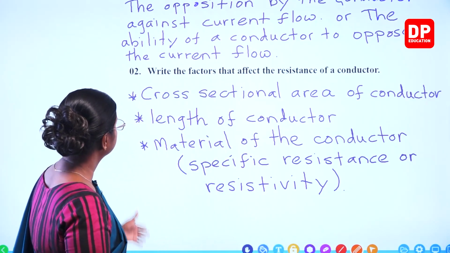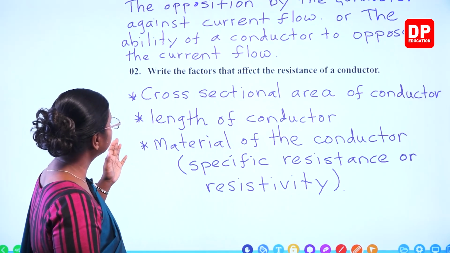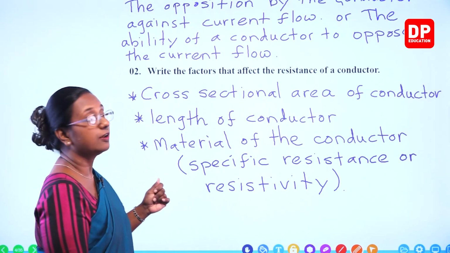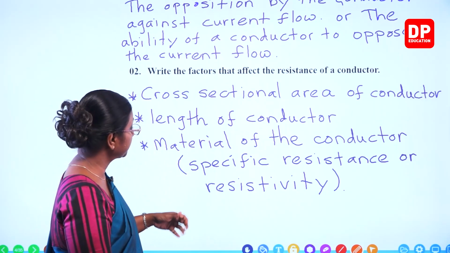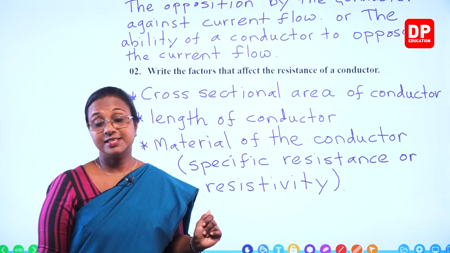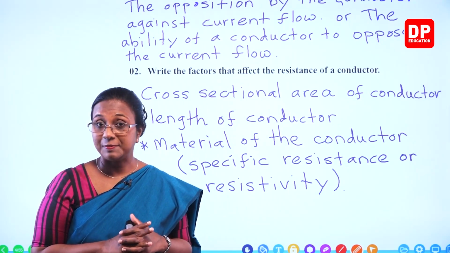So, three factors: cross-sectional area of conductor, length of conductor, material of the conductor, that is given in terms of or discussed in terms of specific resistance or resistivity. I am sure you all can remember that.